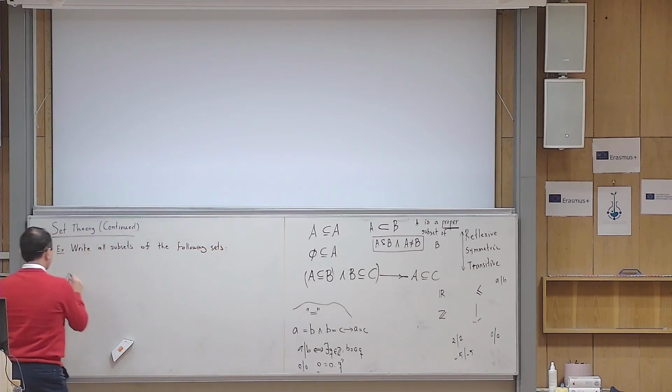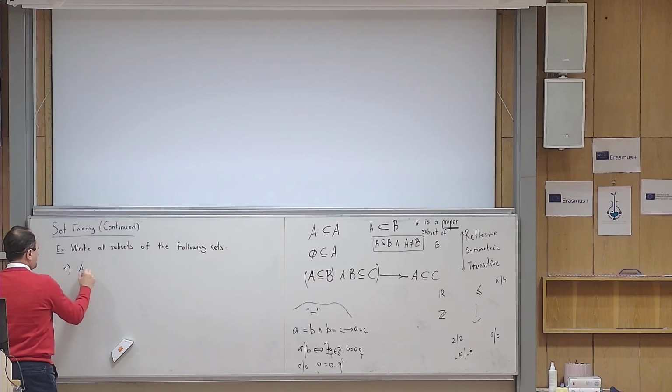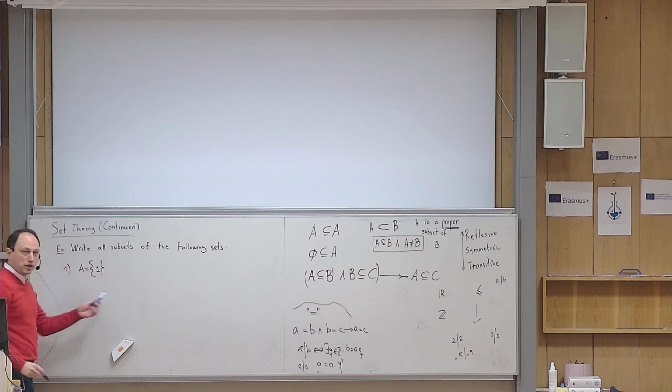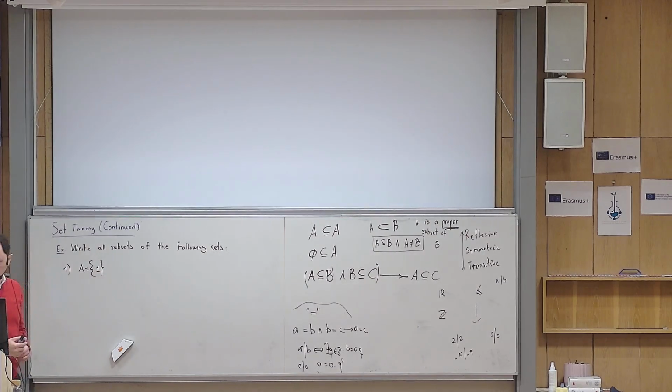Okay, so let us start with a very simple example. So I would write A, only put 1 inside. I want to write all possible subsets. Okay? So what are the subsets of this?